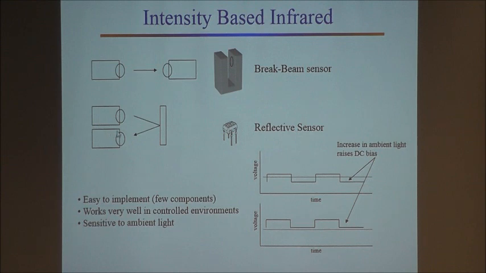Okay. Then this process is called a reflective sensor. Okay. That one is called a break beam sensor. Looks like this. Okay. So very often it's relatively easy to use, but it is sensitive to ambient light, which is not good.